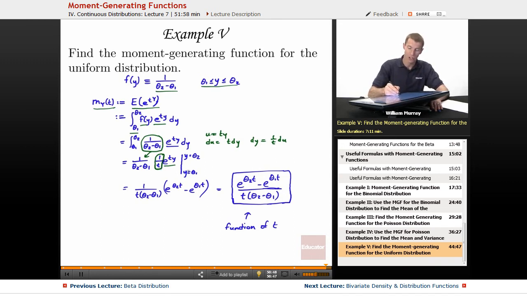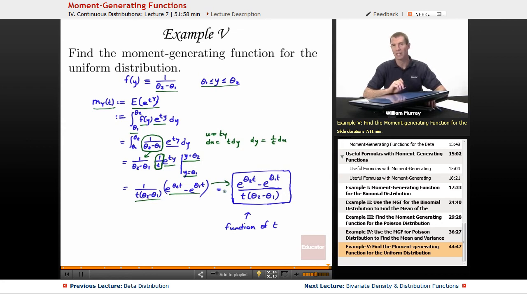Now the range on y goes from theta 1 to theta 2. So I plug those in, and I still had 1 over t times theta 2 minus theta 1. And it simplified down. Well, it's still quite complicated considering that it's the uniform distribution. You might expect something simpler, but you end up with this function of t that does represent the moment generating function for the uniform distribution.